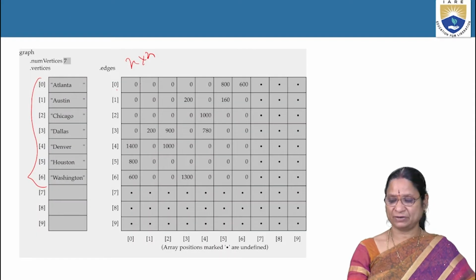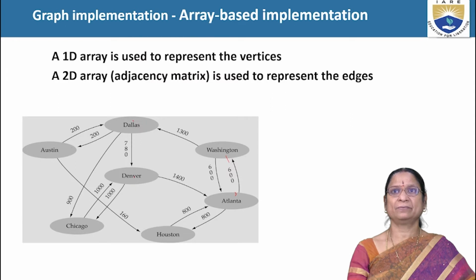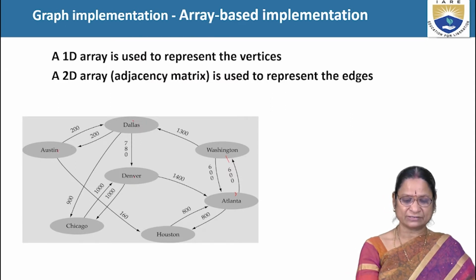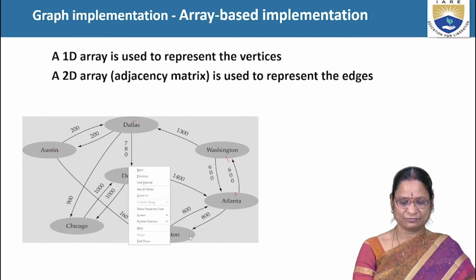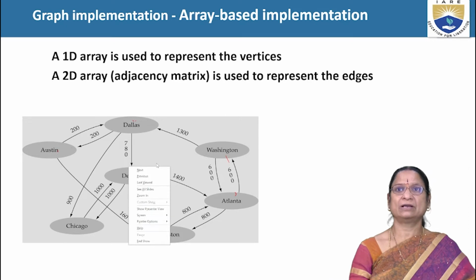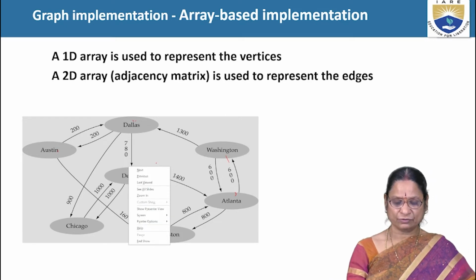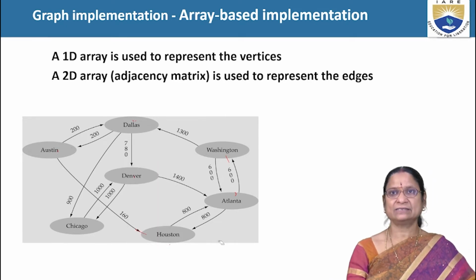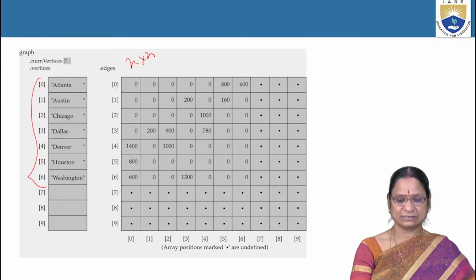So based upon the previous map, for example, if Austin to Dallas is there, and Austin to Houston is there, that is 200 and 160, and no other edges are available. Here Austin is 1.